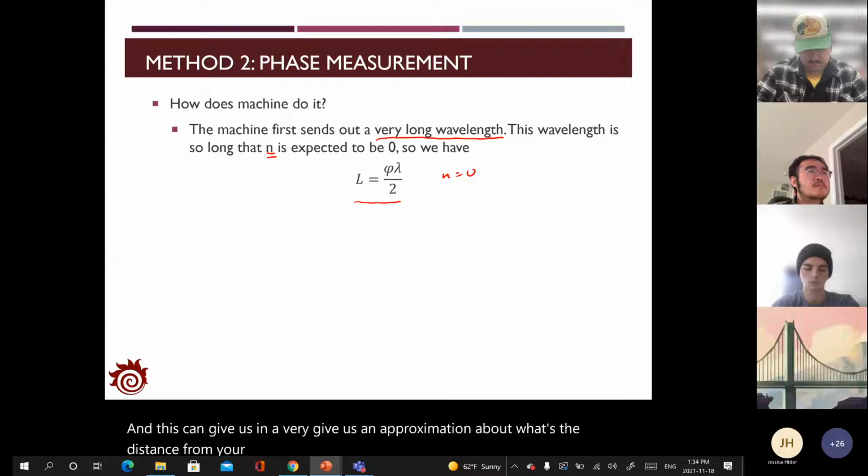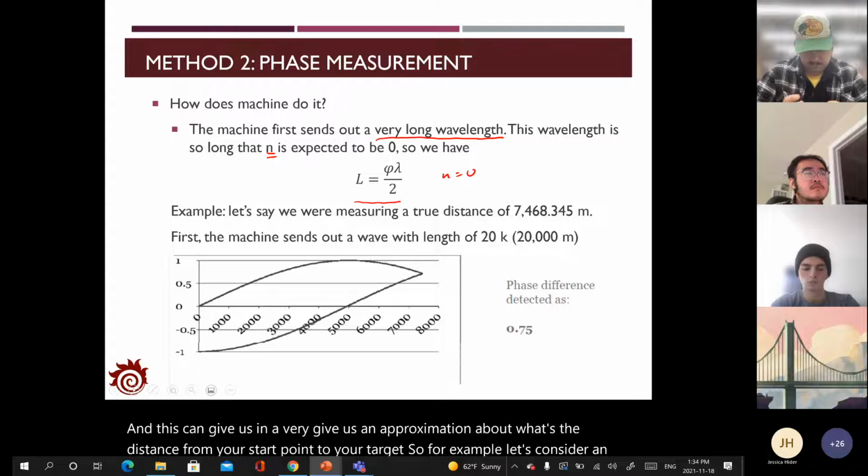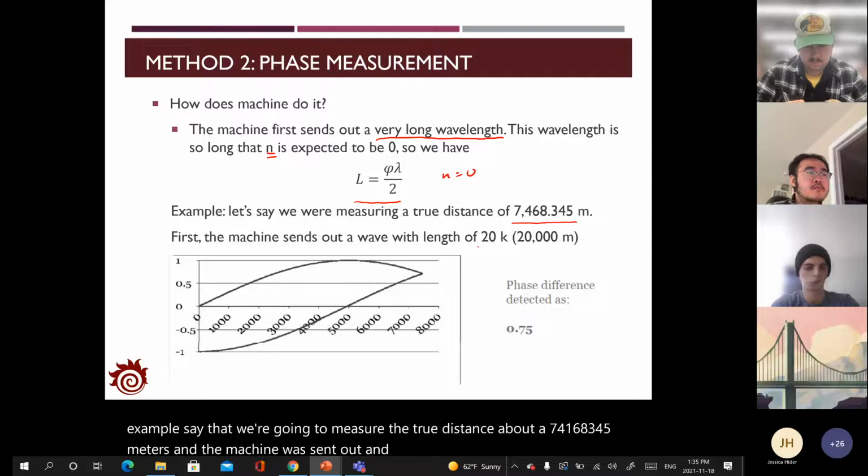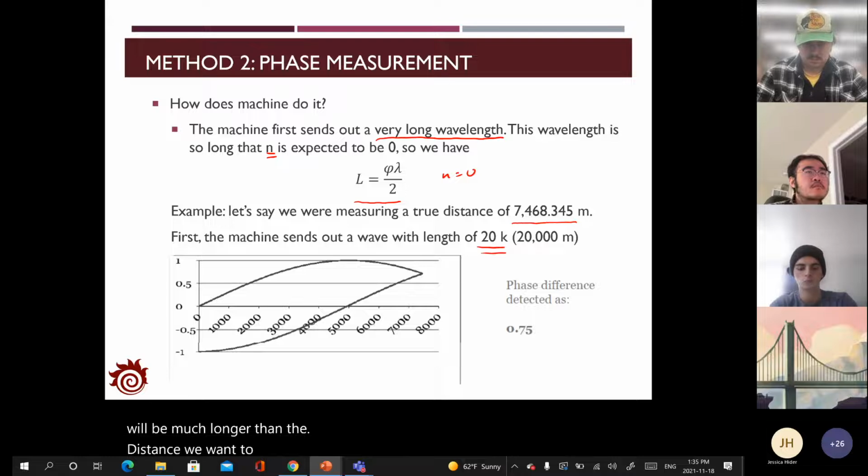So for example, let's consider an example. Say that we're going to measure a true distance of about 7,468.345 meters, and the machine will send out a wave with a length of 20 kilometers, which is much longer than the distance we want to measure. And of course, you will not observe any complete wave during this measurement.